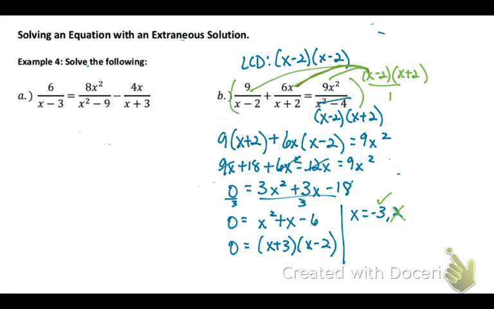And then my potential answers are negative 3 and 2. But if I plug in 2 into the original, I get 0 in the denominator. So my only answer is negative 3. So here you can see we have these extraneous solutions that we need to check. All right.